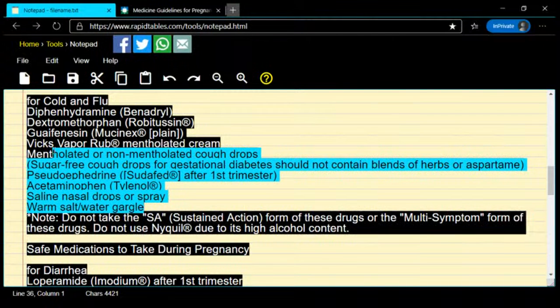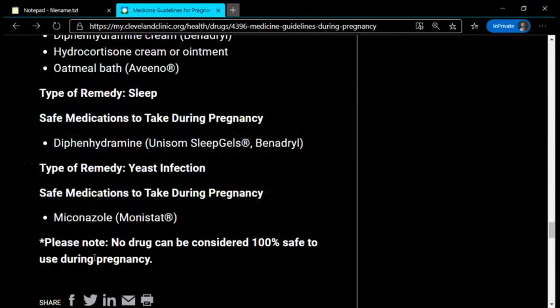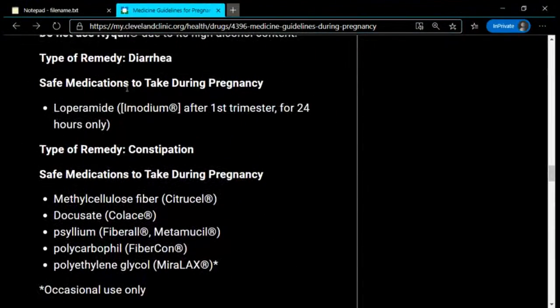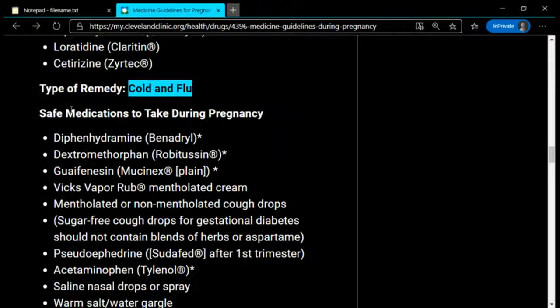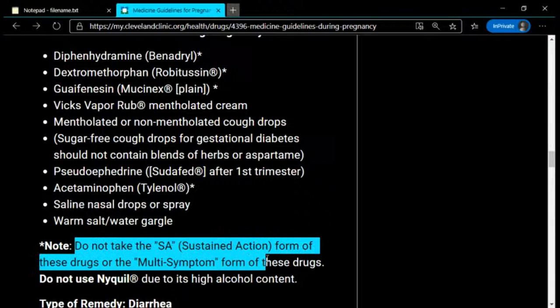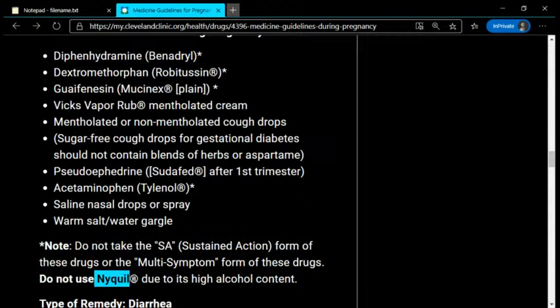It's all about cold and flu medications, and they do not take the sustained action form of these drugs, or the multiple forms of these drugs. Do not use NyQuil due to its high alcohol content.